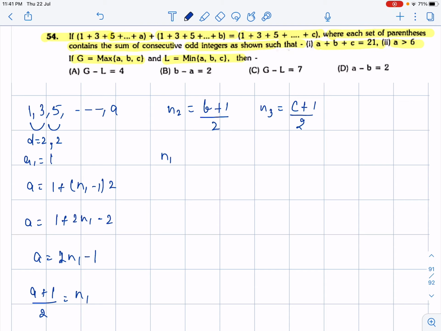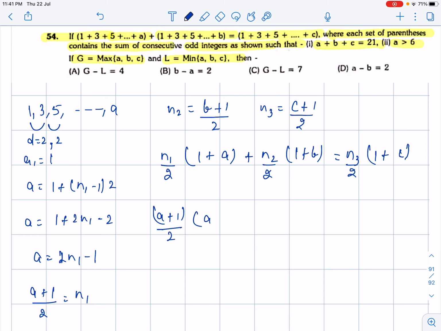That means n1 by 2 times 1 plus A, plus n2 by 2 times 1 plus B, is equal to n3 by 2 times 1 plus C. So it becomes A plus 1 by 2 multiplied by A plus 1 divided by 2.